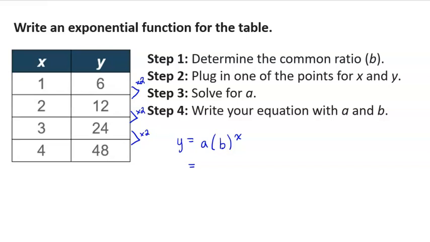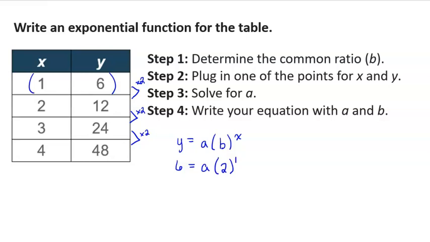It says plug in one of the points for x and y. So I'm just going to use this first one for x and y. For y, I'm going to put 6, and then I have to solve for a. And then b is going to be my common ratio, which is 2, and my x value is going to be 1.